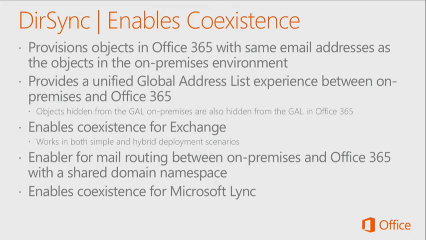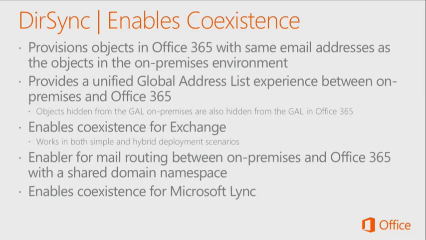Enables coexistence. It provisions objects in Office 365 with the same email address as the objects in the on-premise environment. So before you can do DirSync, your Active Directory needs to be straight. Your email address has to match your email address, your login has to match your login, so it has to be clean before you can do a DirSync install.